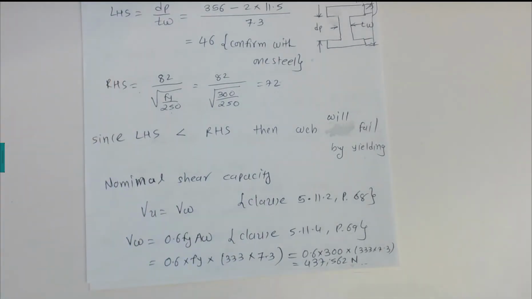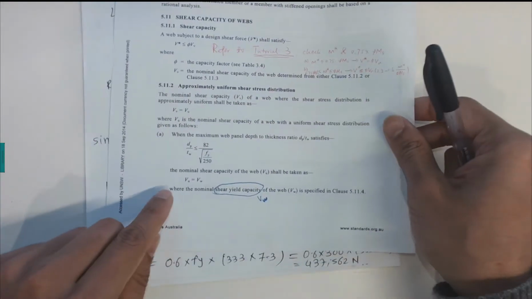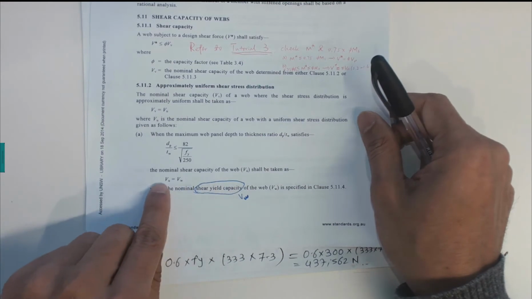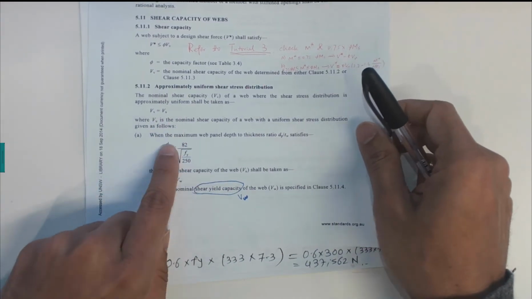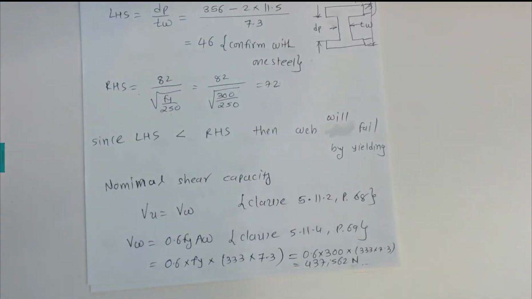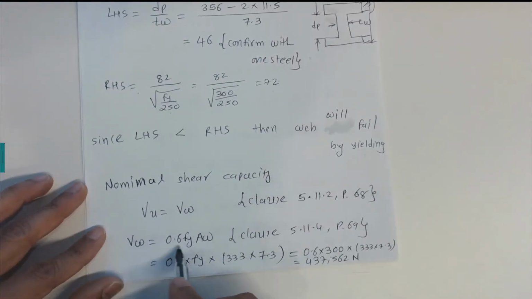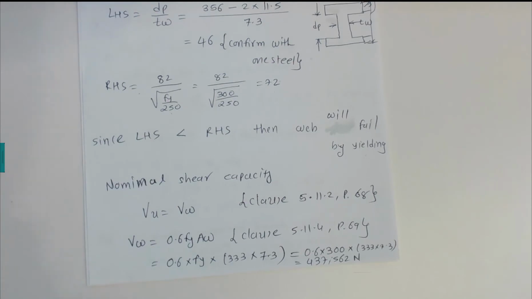Where is that coming from? That is coming from the Australian standard. On page number 68, we have the nominal shear capacity. Vu is equal to Vw, because we have this yielding failure. Now in that yielding failure, we have Vw that we need to find. That Vw is given in clause 5.11.4 on page number 69.